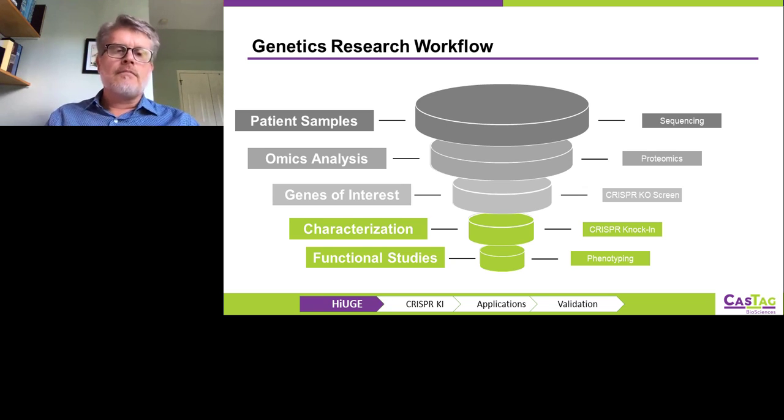So most genetics research workflows start with a variety of large-scale experiments to then quickly narrow in onto targets of interest. So one example of this is an active area of research that's been active for several decades now, which is the genetics of human patients that have been diagnosed with a variety of disorders who have a genetic basis.